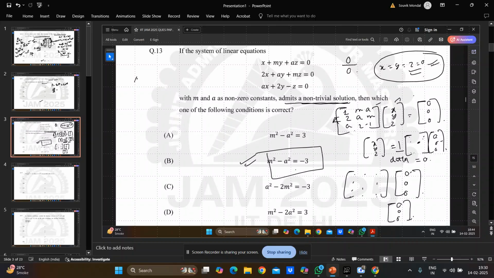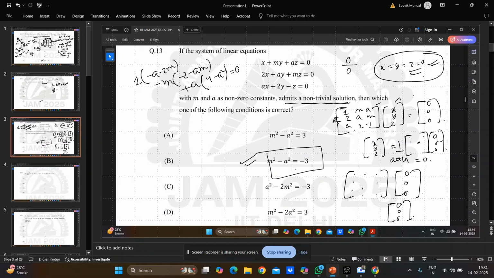Now I'll quickly take the determinant. I mean, you can easily solve it, but let's do it. Okay, so minus a minus 2m, minus m minus 2, minus am plus a into 4 minus a square is equal to 0.